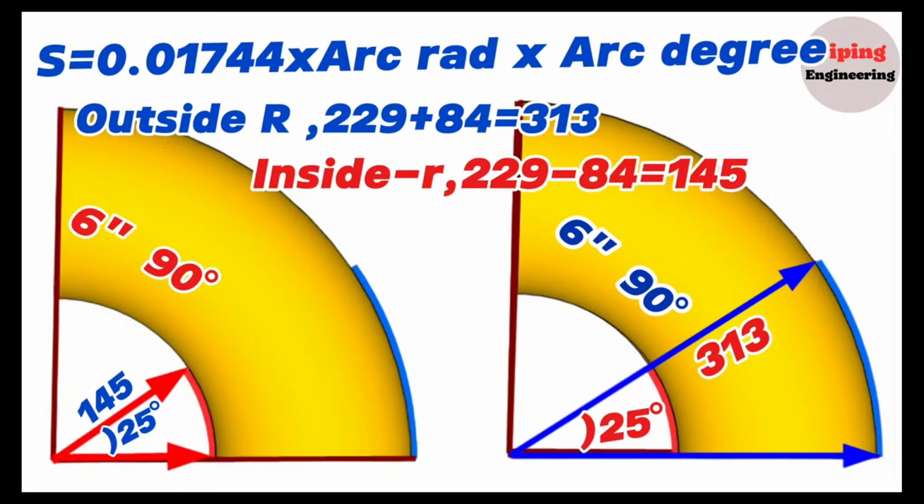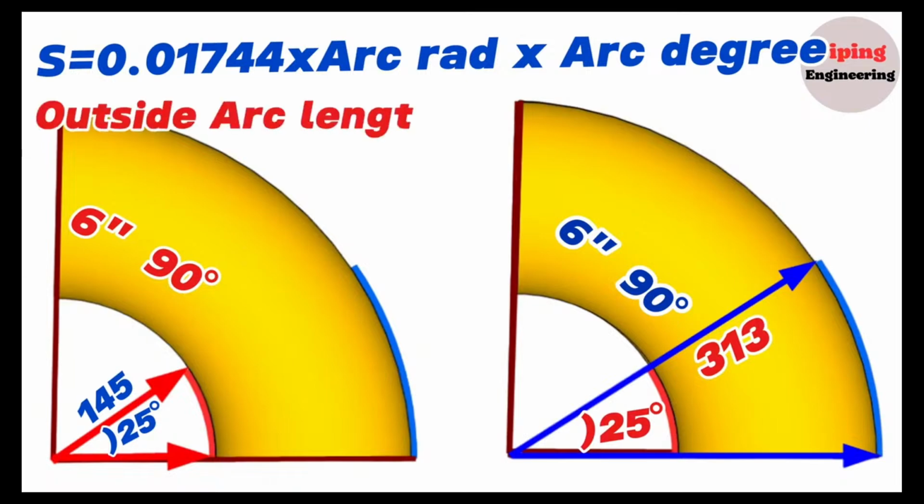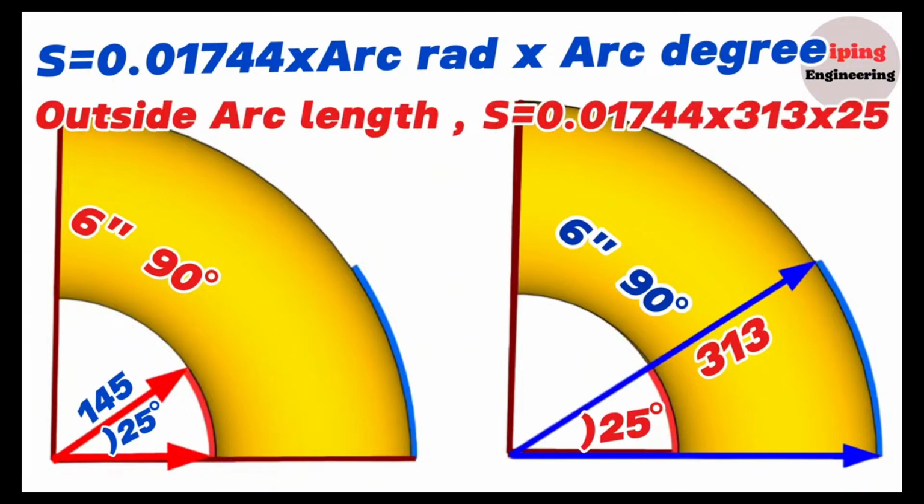Now, using the arc length formula, let's calculate and mark the length of the 25-degree arc from the inside and outside of the 6-inch elbow. First, let's calculate the length of the blue color arc on the outside of the elbow. So, the length of the outside blue color arc, S, will be equal, multiplied by 0.01744, the radius of the arc, 313 millimeters, and the degree of the arc, 25 degree.